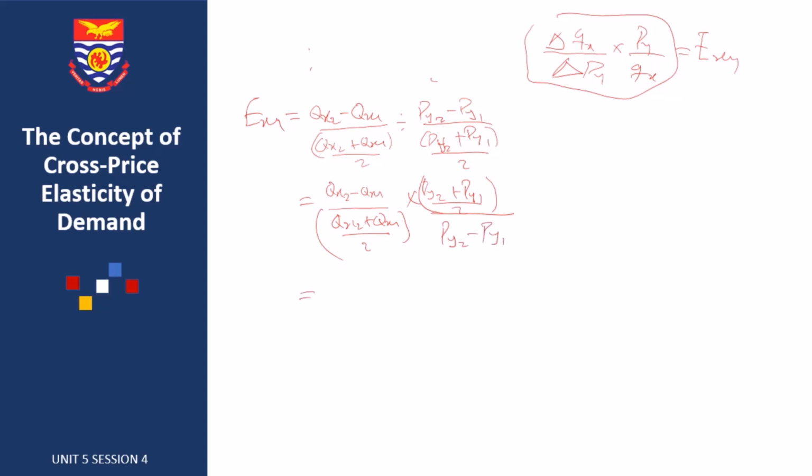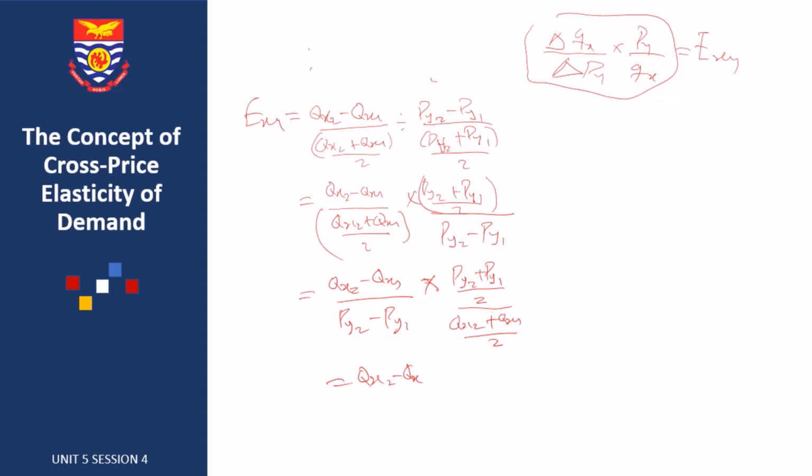Now this is going to give me QX2 minus QX1 divided by PY2 minus PY1, which is equal to multiply by PY2 plus PY1 over 2, all divided by QX2 plus QX1 divided by 2. The two will be cancelled when we do some further analysis.